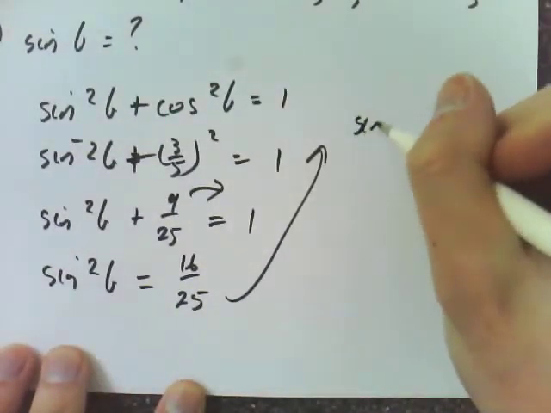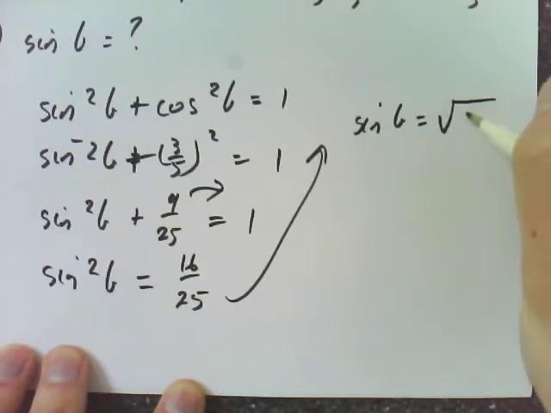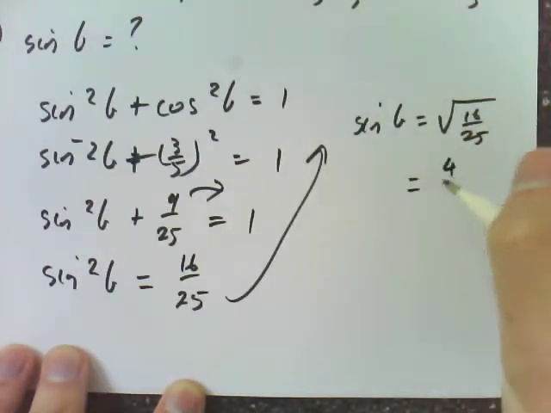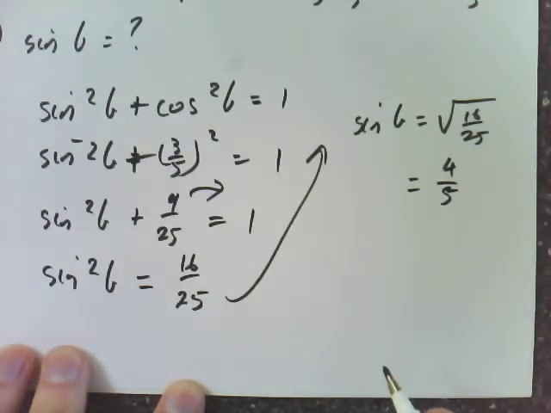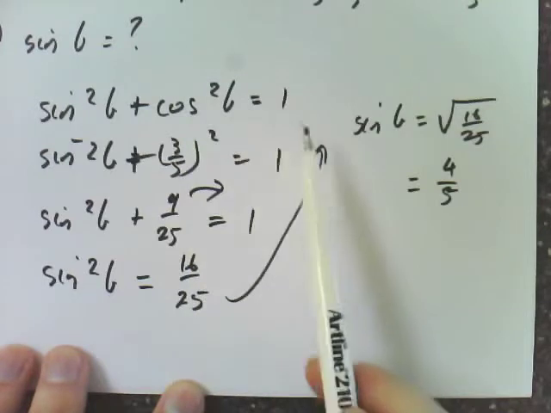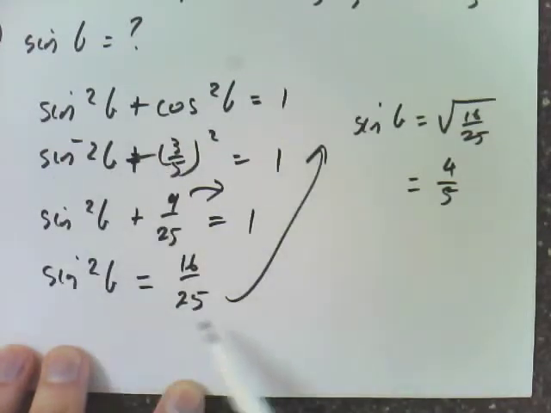Sine B equals the square root of 16 on 25, which is 4 over 5. So that's just part A. It's just using that first identity, sine squared theta plus cos squared theta equals 1, rearranging that to find the one you're missing.